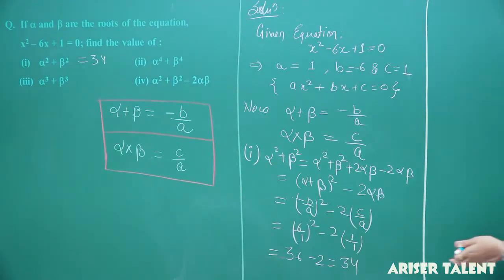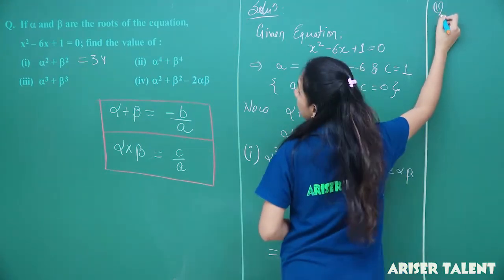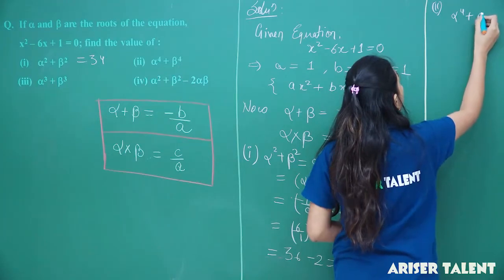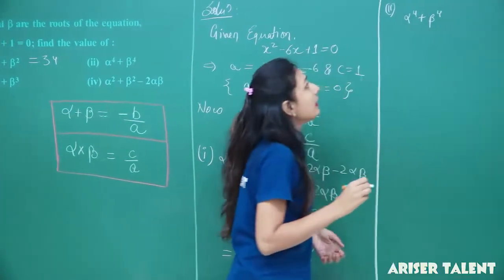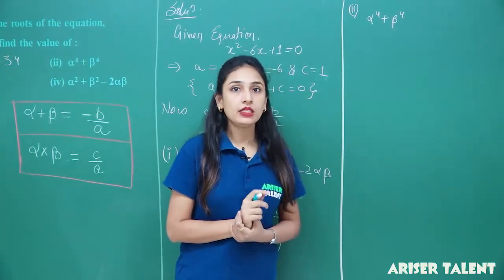Now, students, come to this side, second part. In the second part we have been asked about the value of alpha to the power 4 plus beta to the power 4. Now, understand, students, that we have done this kind of thing before, right? How?